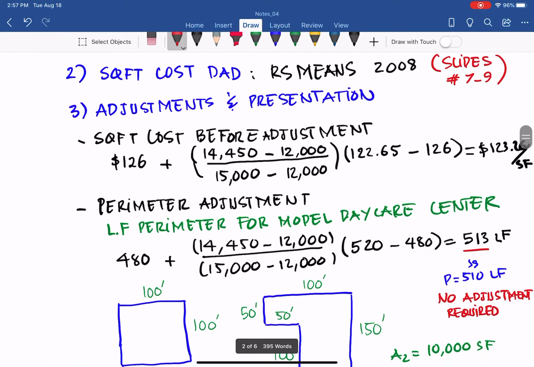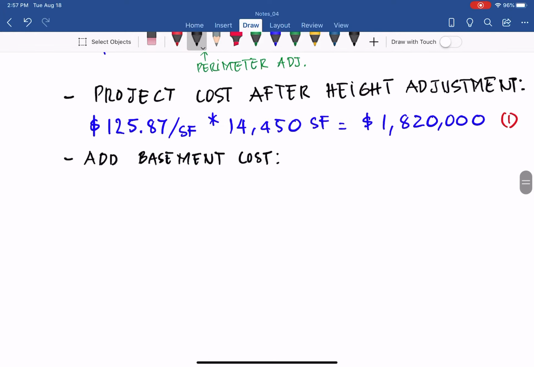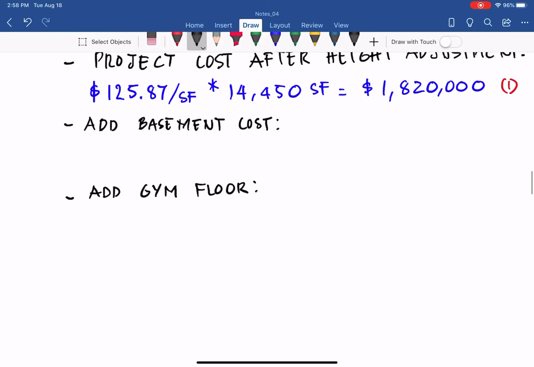So the adjustment continues with adding the basement costs. Then we also have to add the gym floor throughout the daycare with 14,400 square feet.